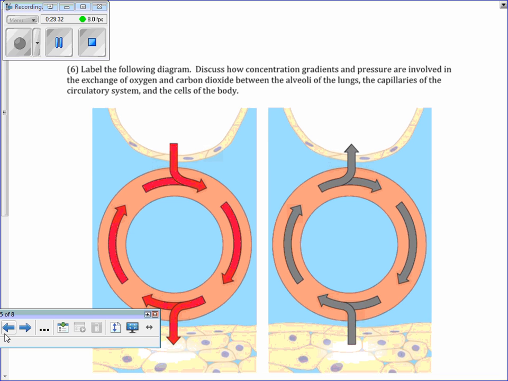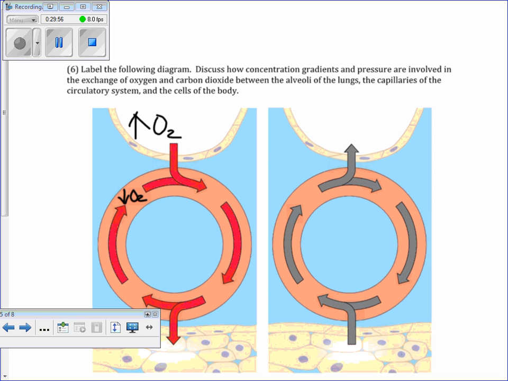So there has to be more inside the lungs, a higher concentration of oxygen. And don't write this down on yours because I'm not going to do it the way the book does it. You've got to have high oxygen here and low oxygen here, which is not what goes in that diagram. I'm just doing it my own way. Does that make some sense?